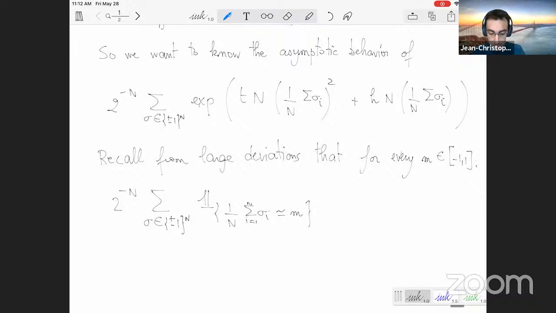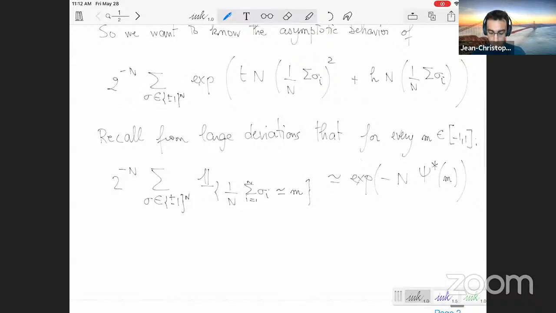You should read that as the probability under this measure that this event occurs. So this, we said, is approximately exponential of minus n times psi star of m, where psi is the log Laplace transform and psi star is the convex dual.